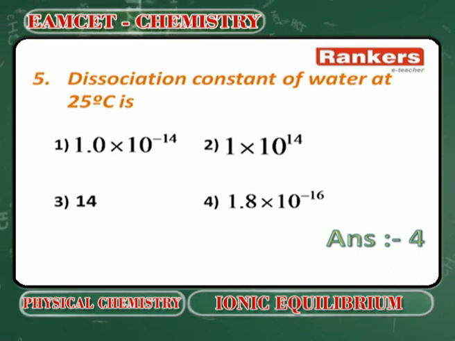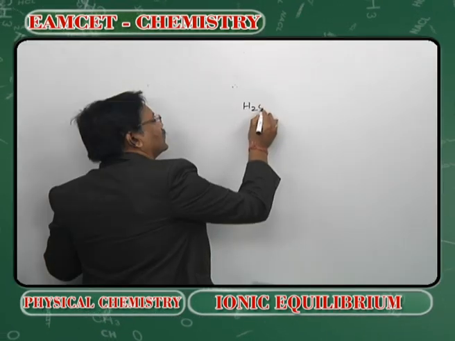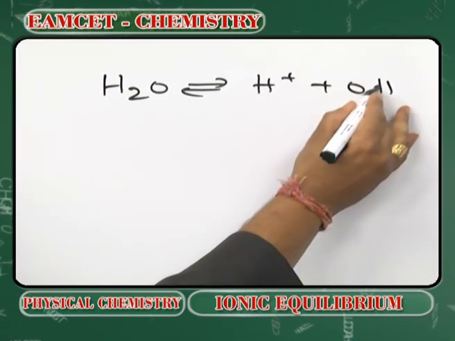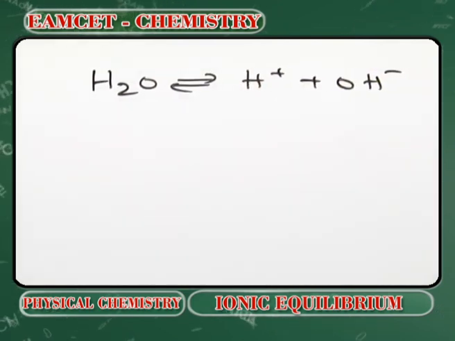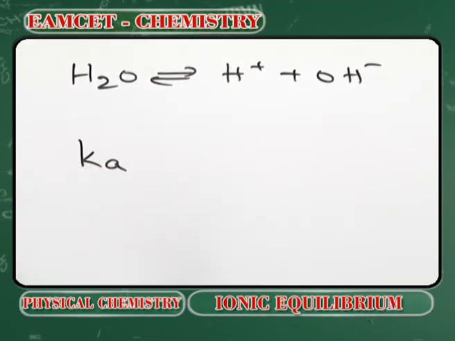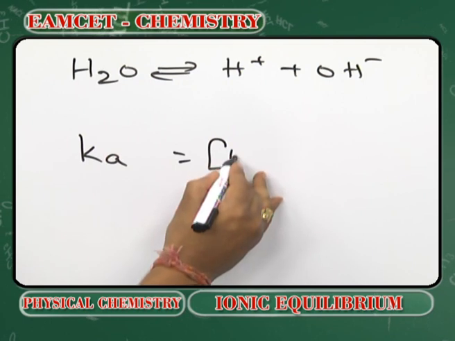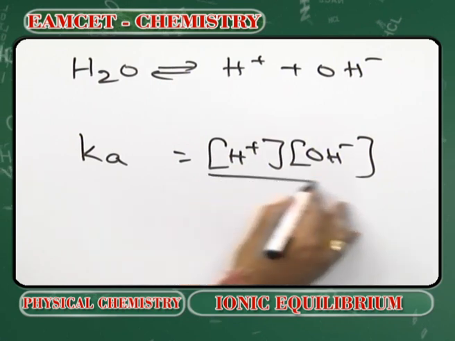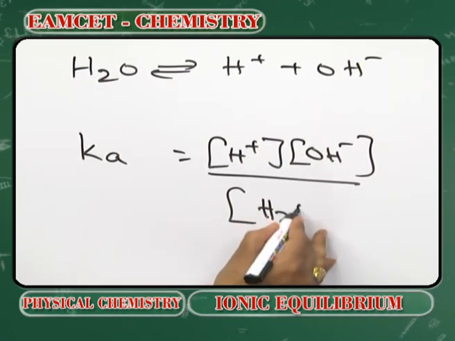Dissociation constant of the water at 25 degrees centigrade. H2O gives rise to H plus ions and OH minus ions. Ka is equal to H plus into OH minus by H2O concentration.